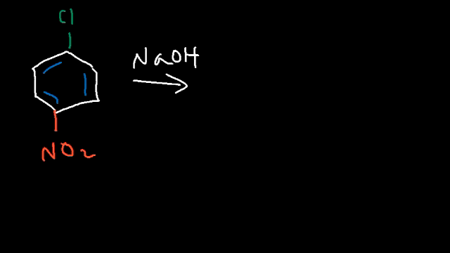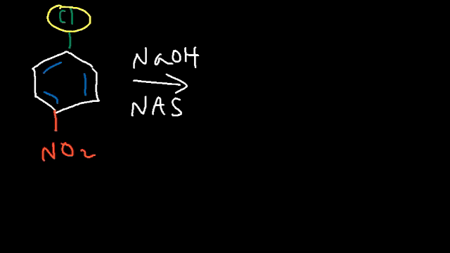Now we might need to add some heat to it to speed it up, but hydroxide is going to be the nucleophile. And instead of replacing a hydrogen like we did in an EAS reaction, in this nucleophilic aromatic substitution reaction, we're going to replace a halogen with a nucleophile. And that's how you could distinguish the two.